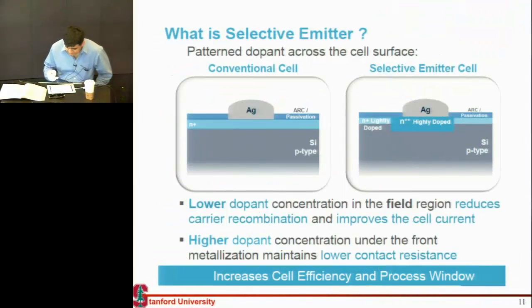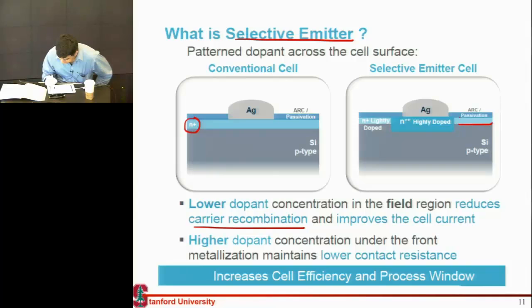Next thing in the works again is to use a selective emitter design. I explained to you that whatever is generated in this heavily doped region is collected with very low efficiency. Also, increasing the doping over here increases your carrier recombination in that region. So what you ideally want is a very shallow emitter, and you want it lightly doped as well.